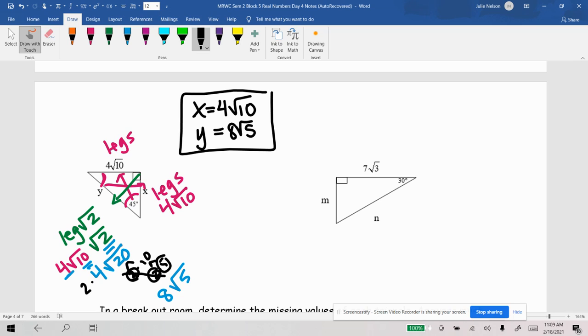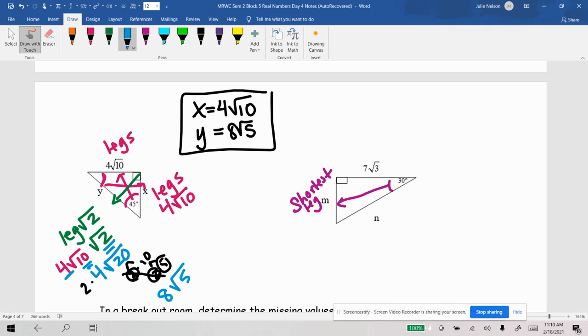Well, let's take a look at this 30, 60, 90 degree triangle. Okay. So across from the 30 degrees, that is always the shortest side. So in this case, the shortest leg, shortest side, whatever you want to call that.